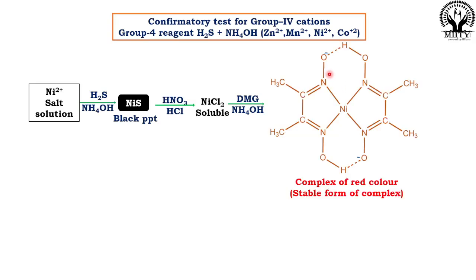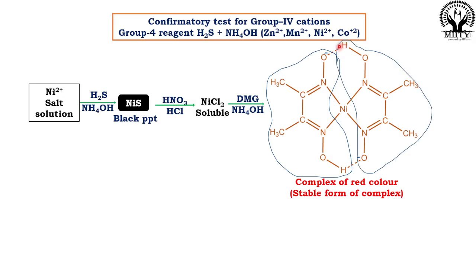The left side is a dimethylglyoxime having a negative charge, and the other dimethylglyoxime also has -1. So simply you can write Ni(DMG)2. It is a stable complex and it has a red color. The presence of red color confirms nickel in the original salt solution.